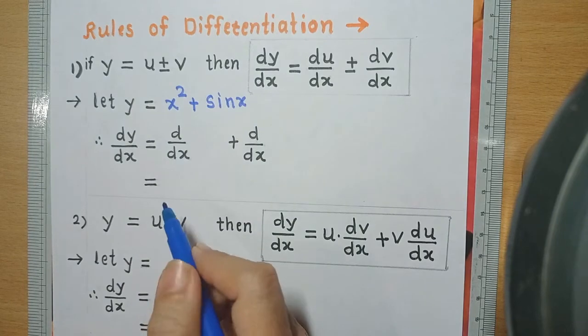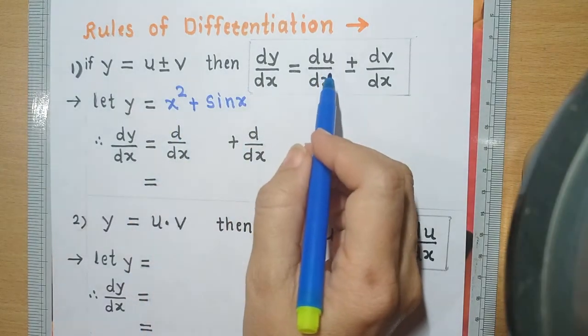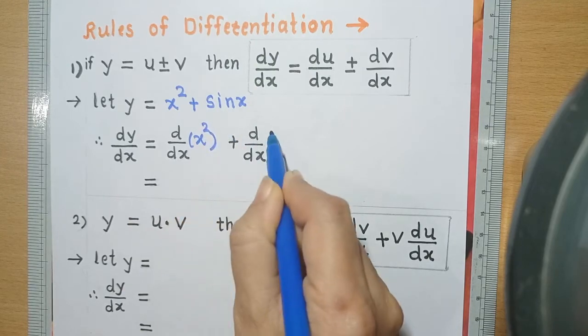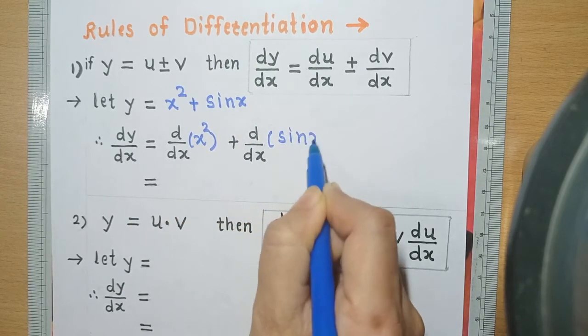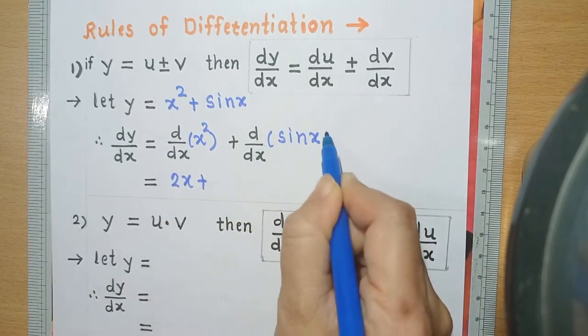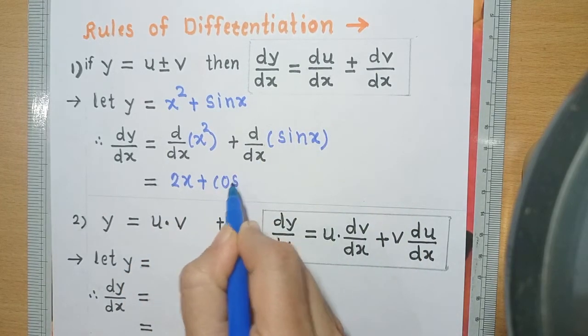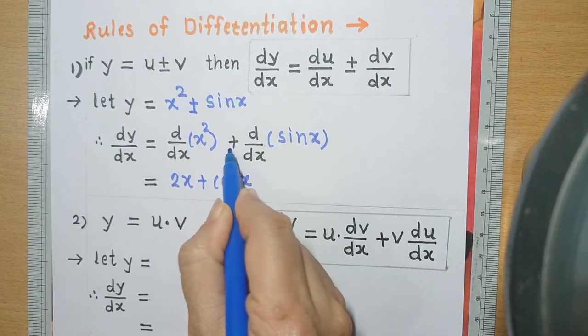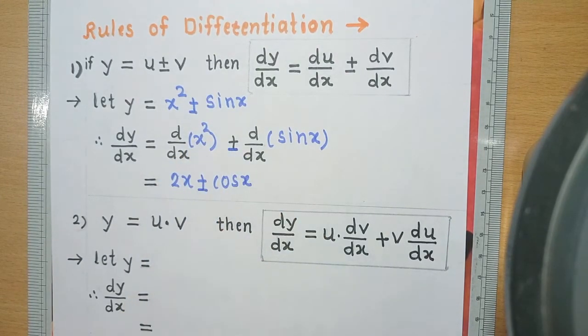We have considered two functions. By this rule, derivative of first function plus derivative of second function, very easy. Derivative of x square is 2x and derivative of sine x is cos of x. If there is a minus sign, then also just write down the minus sign.